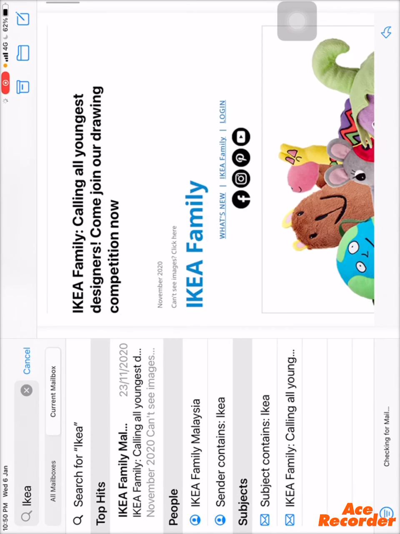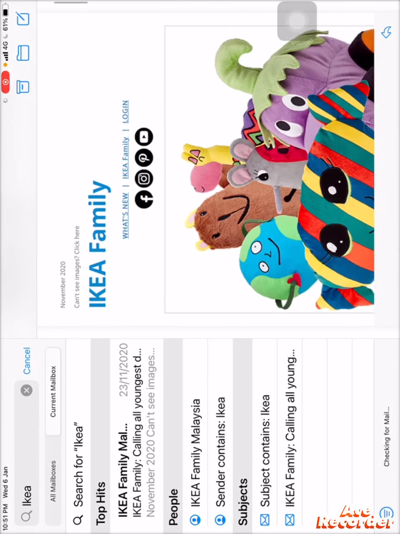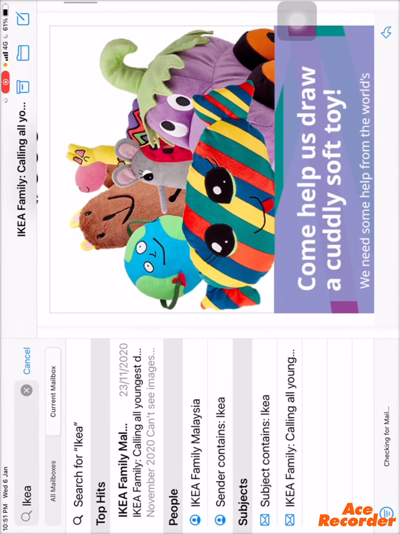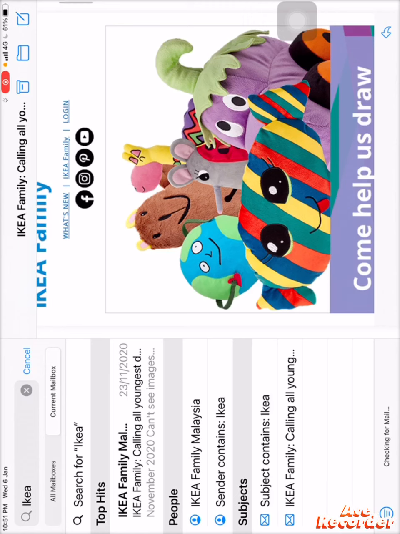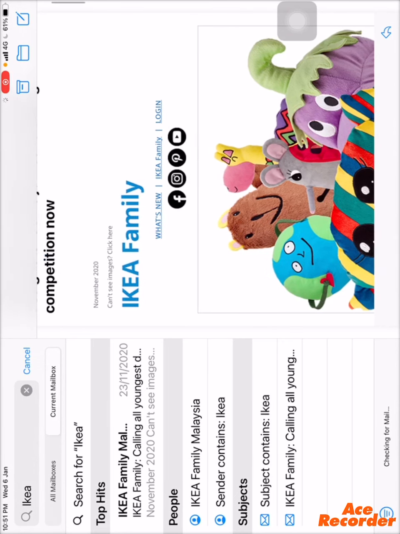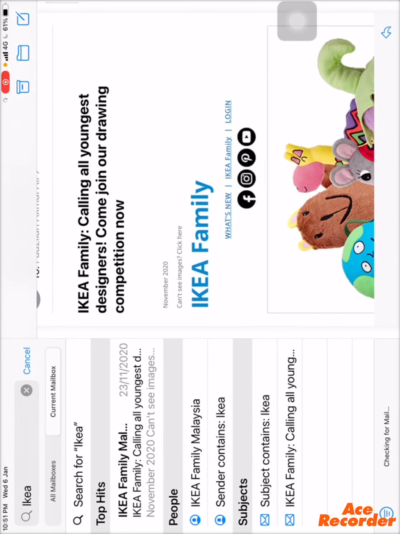IKEA Family. So I am the members of IKEA Family card. They ada card there. So this one they have email calling all youngest designers. Yeah? Come join our drawing competition in order to design for a new toy, a cuddly soft toy. So they invite all kata kanak-kanak ni untuk join this competition.